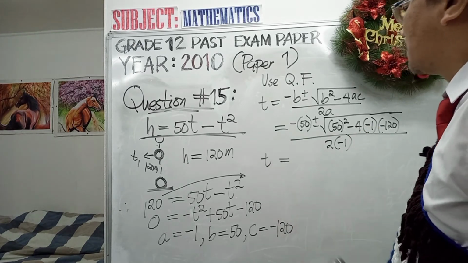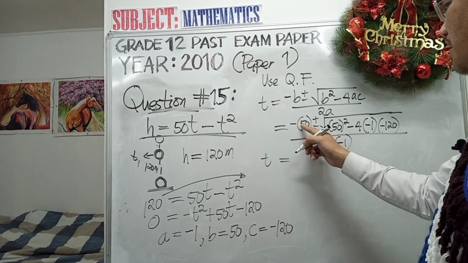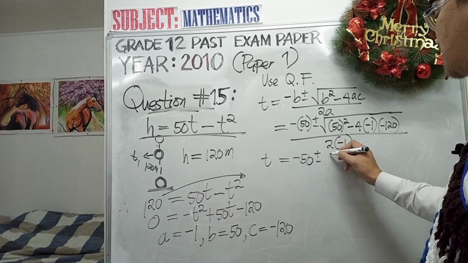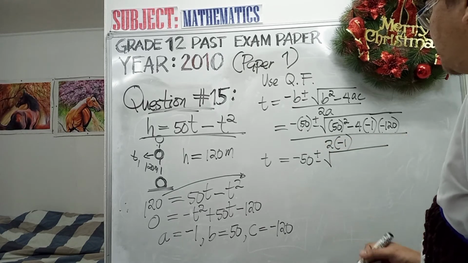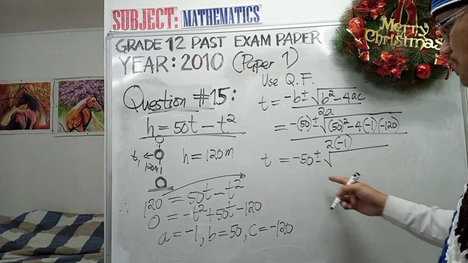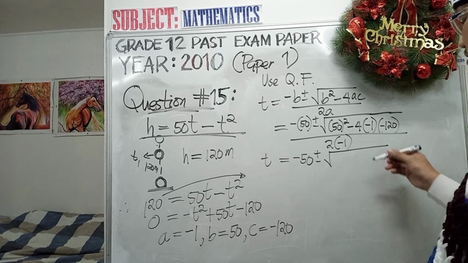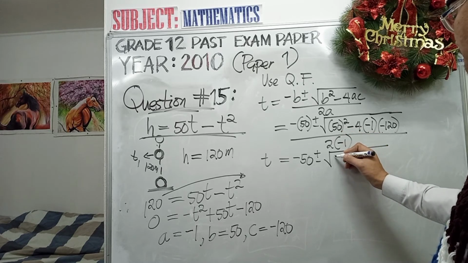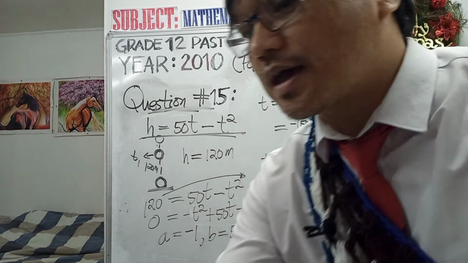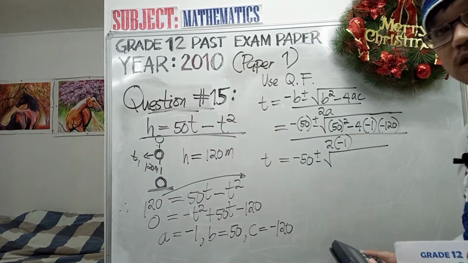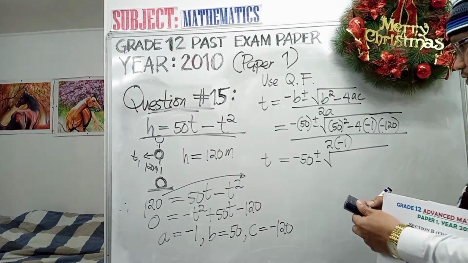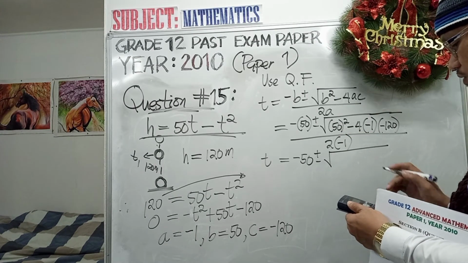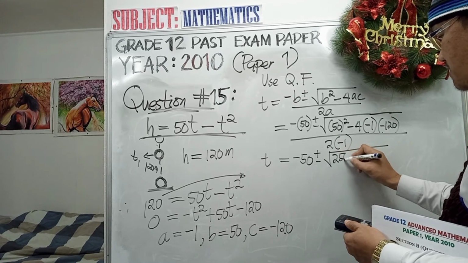Okay, so t now is negative times positive 50, which is negative 50, plus or minus the square root of... we have to get the answer of this one now because we don't have enough space. Using the calculator, 50 squared is equal to 2,500.